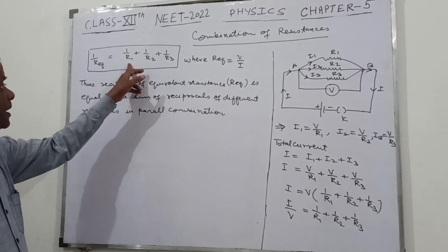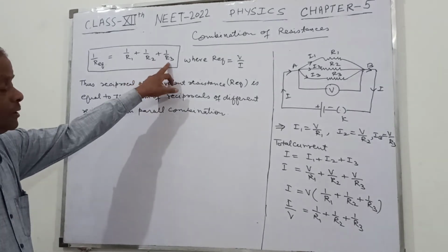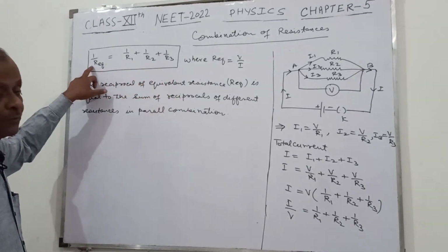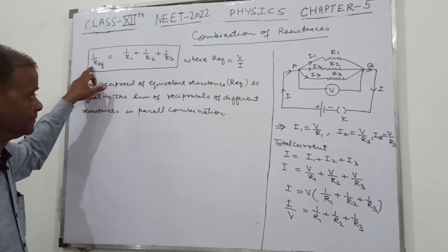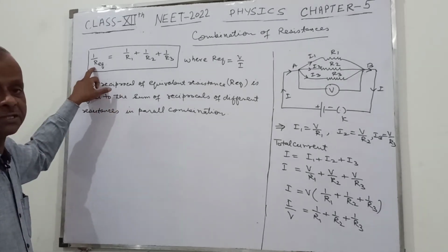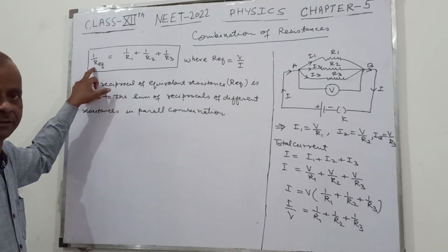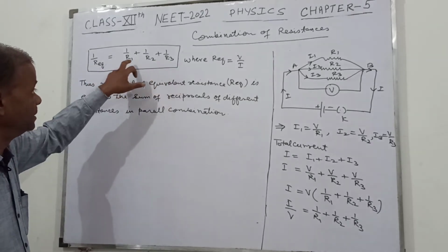This is the reciprocal of R1, this is the reciprocal of R2, the reciprocal of R3, then this is the reciprocal of equivalent resistance. So this R equivalent is less than any of the resistances connected in parallel.